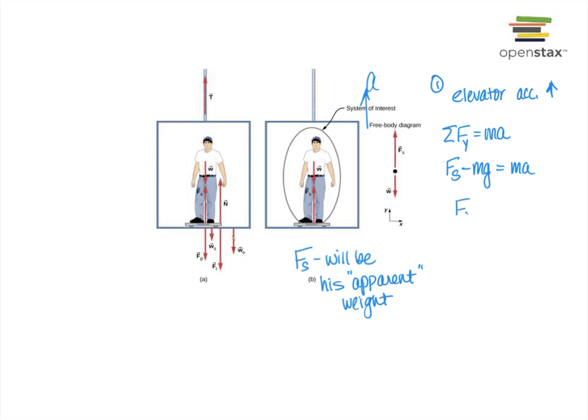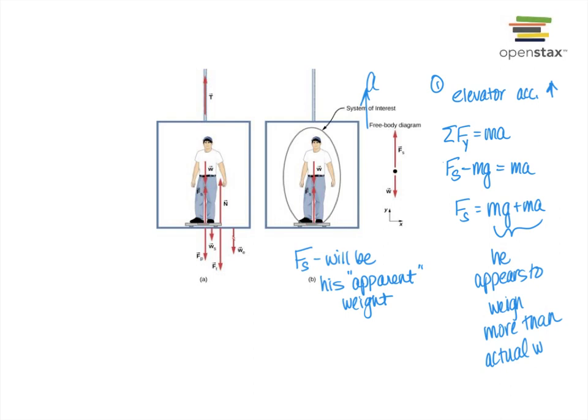If I rearrange this to find the force of the scale, it's equal to mg plus ma. And so he appears to weigh more than his actual weight, because there's a term added to the force of the scale due to the acceleration of the elevator.